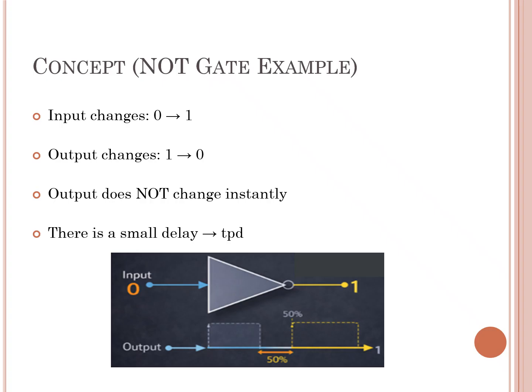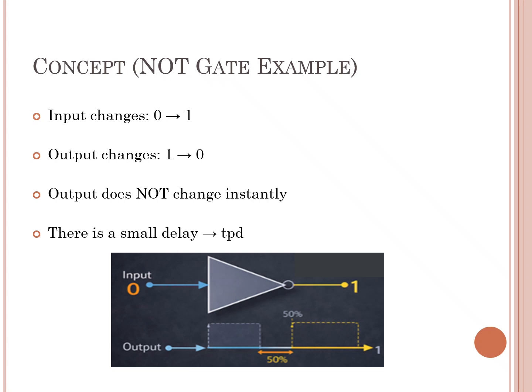Why does this happen? Because transistors inside the gate take time to switch, internal capacitances need to charge and discharge, and signals physically travel through the circuit. So even in digital systems, there is always a delay. Now, if you observe the waveform carefully, the input changes first and only after a small delay the output follows.